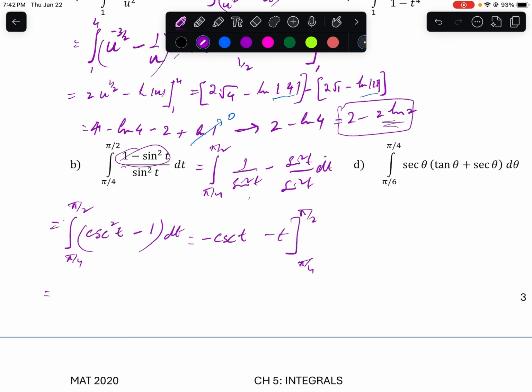So I have a negative secant pi over 2 minus pi over 2, minus negative secant pi over 4 minus pi over 4.